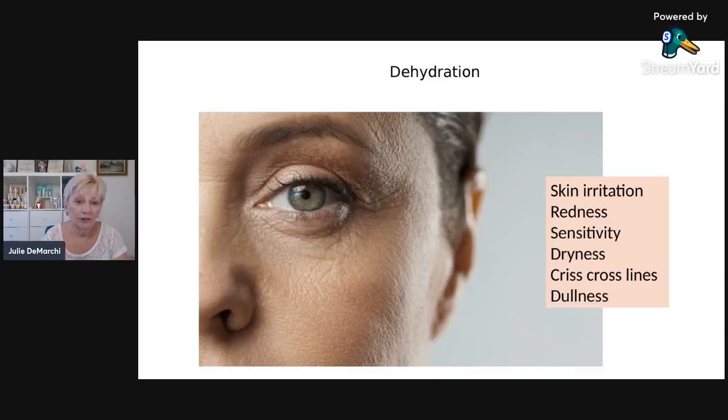Using a product with hyaluronic acid will also help to plump the skin and draw in that moisture and keep it in the skin cells to stop your skin from dehydrating. Moisturizers work on the top, as I mentioned last week. So you need those serums that are going to draw that moisture into the skin, help to plump it and keep it looking glowing and hydrated.